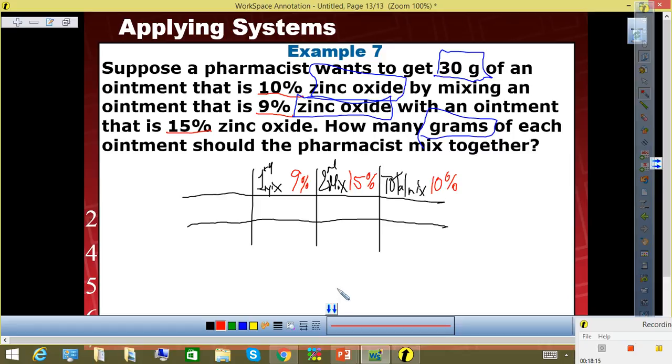Here it goes again. If you put this one over here, that's fine, as long as the mixes are here and the total is over here. Okay?